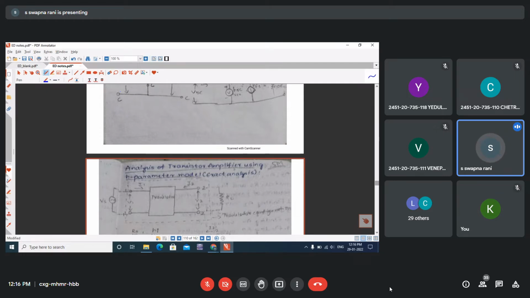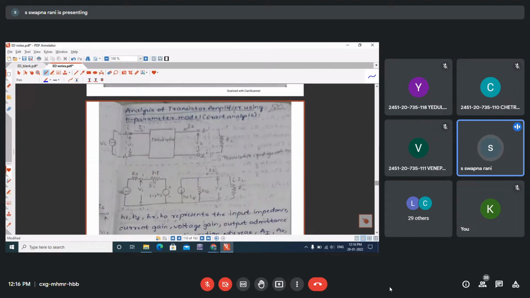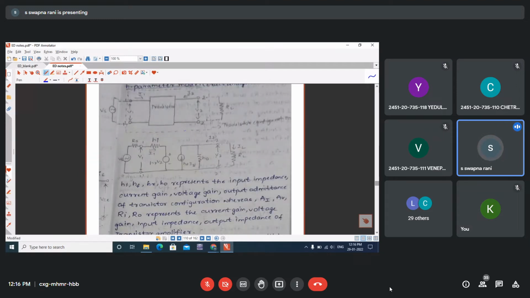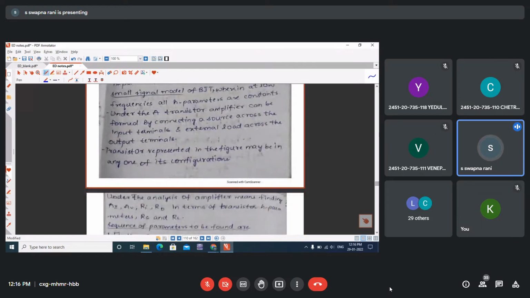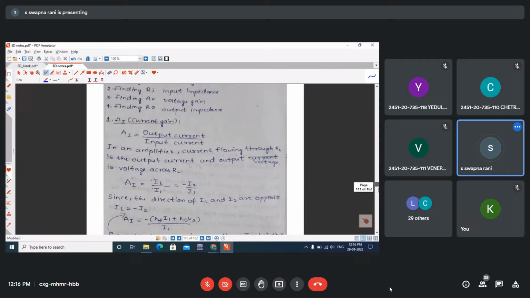The H parameters of the transistor will be provided by the manufacturer. If not provided, we can also obtain the H parameters from the input and output characteristics of the transistor.